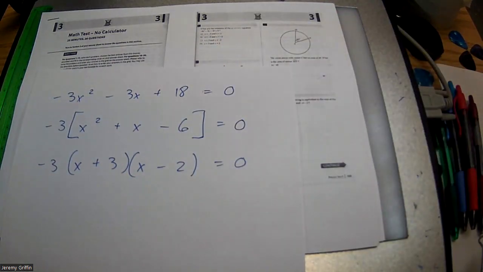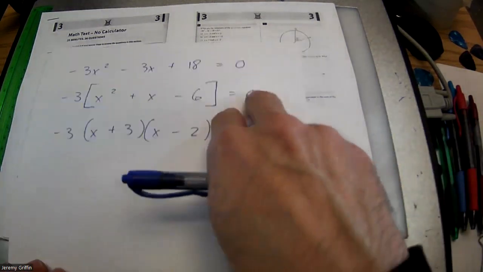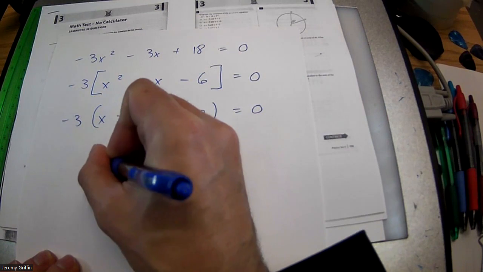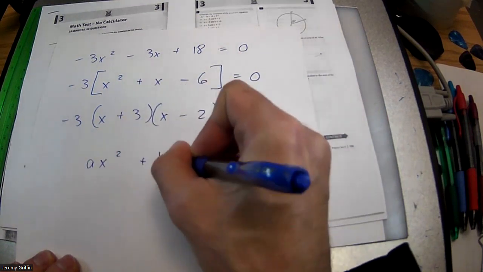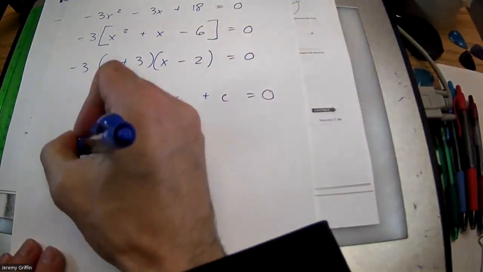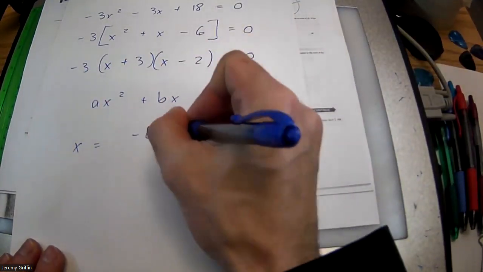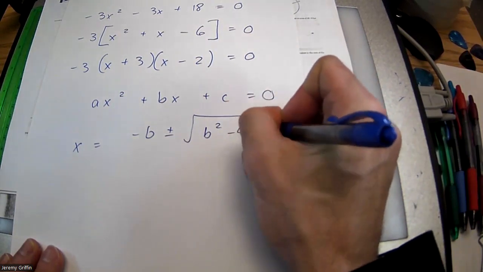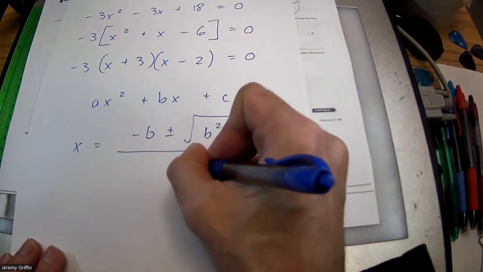Now, alternatively, let me backtrack a little bit. If you ever have an equation in the form ax squared plus bx plus c is 0, can't you say that x is -b plus or minus the square root of b squared minus 4ac, all divided by 2a?